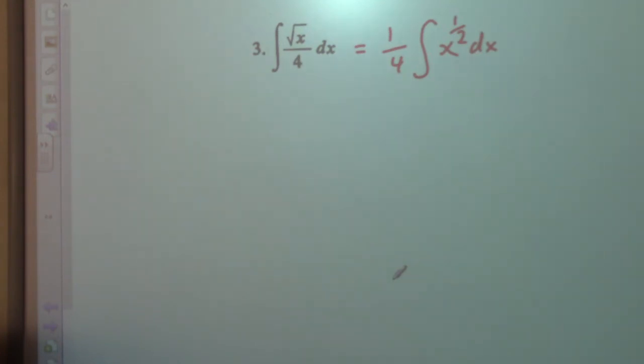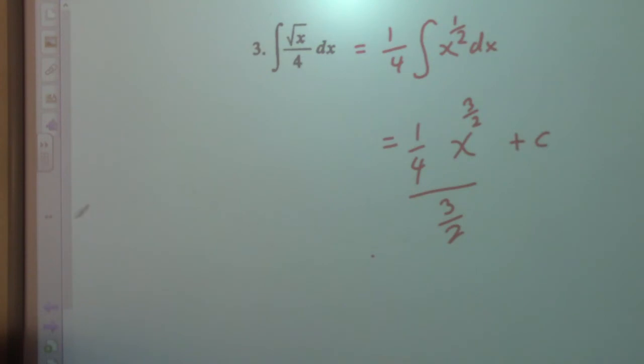Okay, are you ready to look at this now? Yeah. Okay, so what we have here is we do the same thing. We have 1/4, and we're going to get rid of this. So we have x to the, what's a 1/2 plus 1? 3/2. So you're going to divide by 3/2, right? And then plus c.